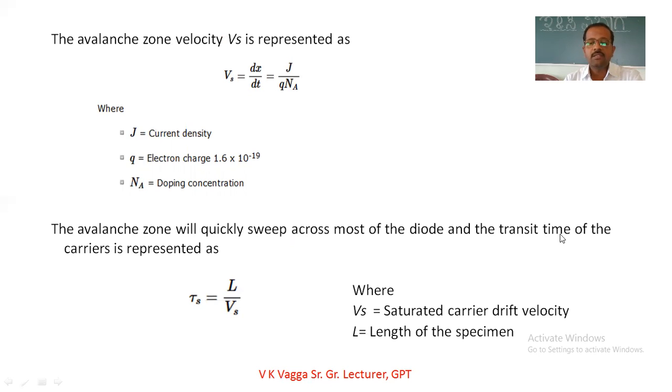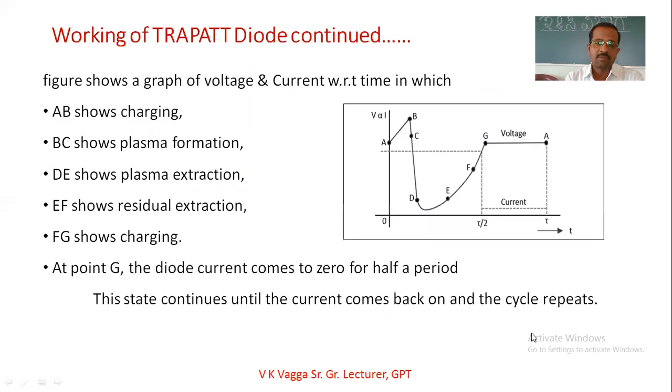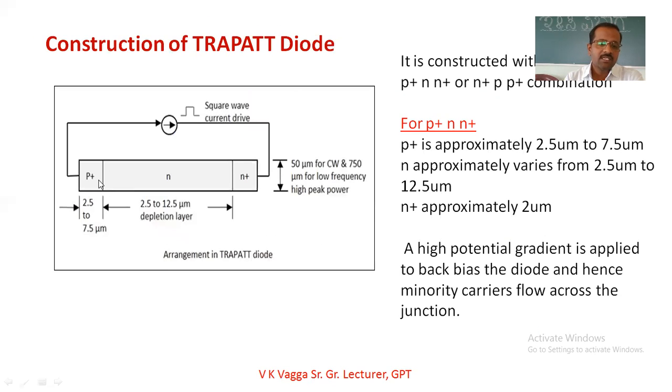If you take the transit time of the carriers, it is represented as tau s is equal to L divided by Vs. Here Vs is the saturated carrier drift velocity, the S indicating saturated, and L is the length of the specimen. The length of the specimen in this case means the depletion layer length.